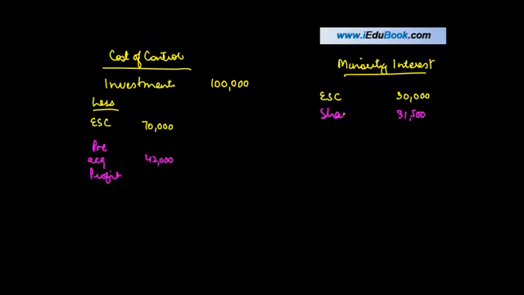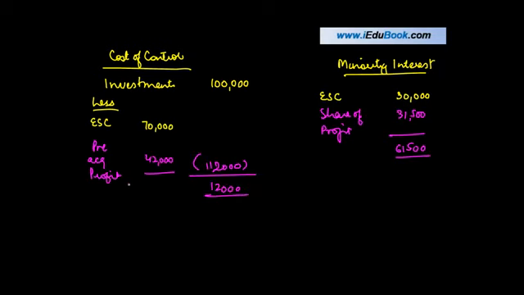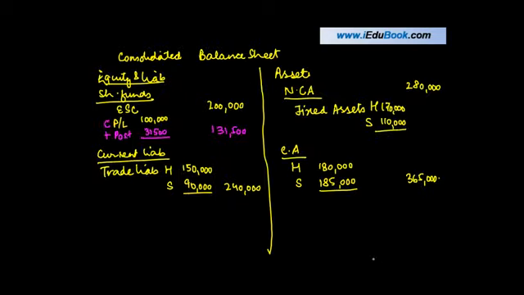This is their share of profit, 61,500. This gives you 112,000, 12,000 capital reserve, right? So minority is 61,500.